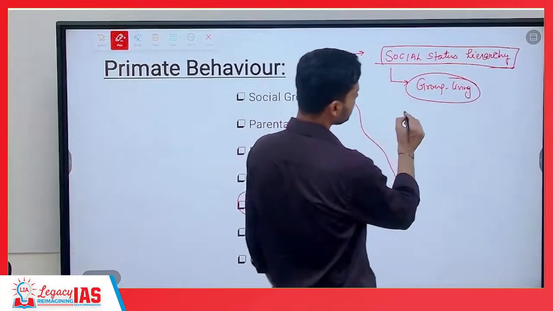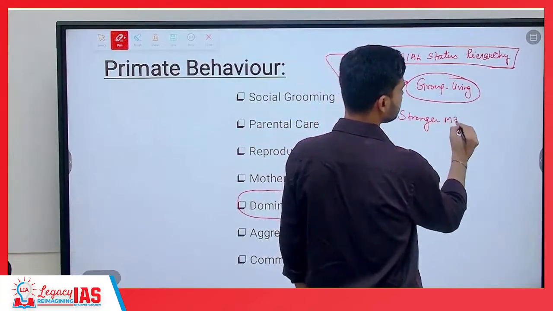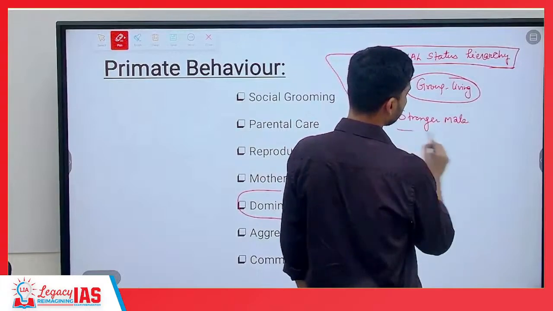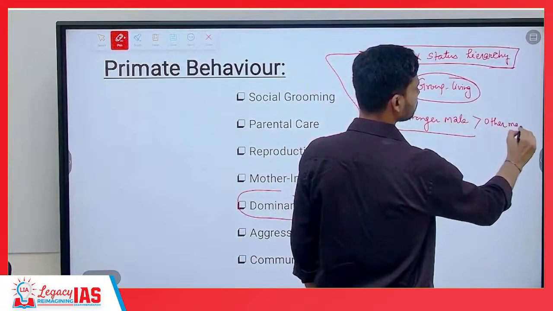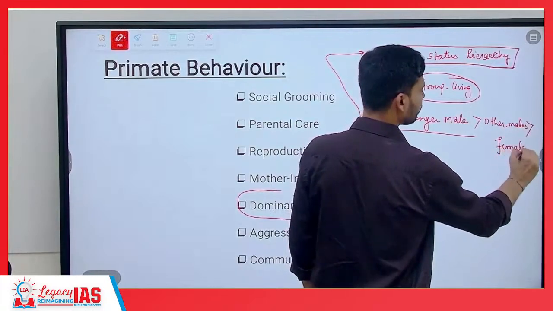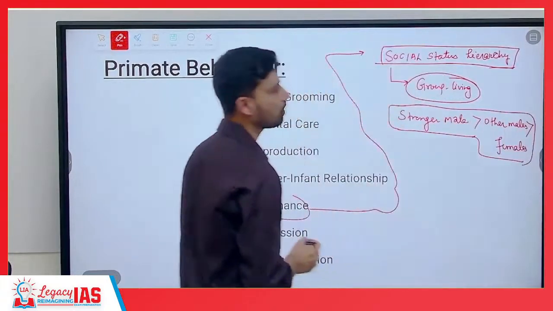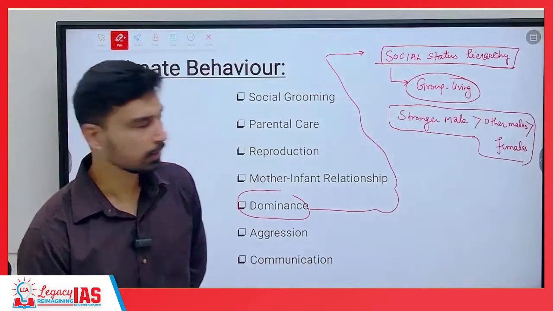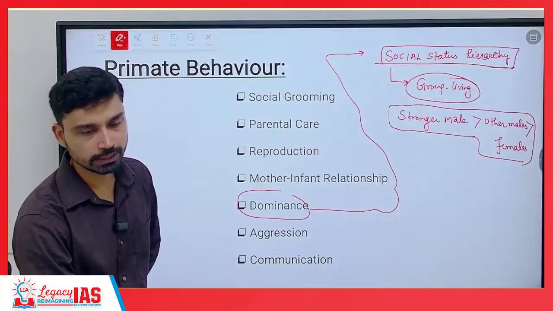Generally, the stronger male is the most dominant one, and then you have the other males, and then they are dominant over the females. Stronger male is dominant over other males, and also over females.